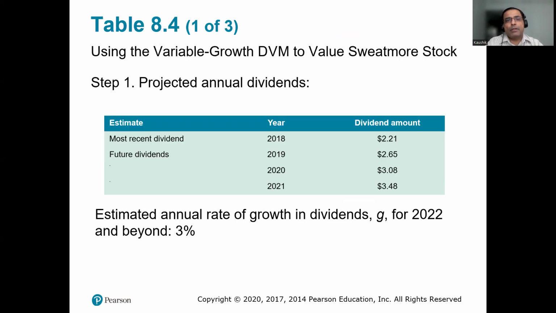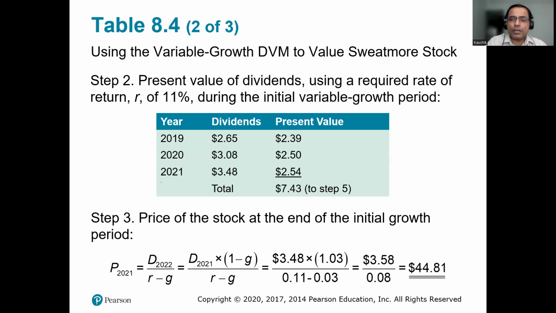So here is an example. So we are in 2018 and we are trying to estimate the intrinsic value. So we assume that 2019, 2020 and 2021, there will be higher dividend payouts, or the growth of dividends will be high. And after that, we can expect a constant 3% annual growth rate of dividends. So we find the present value of the initial 3 dividends.